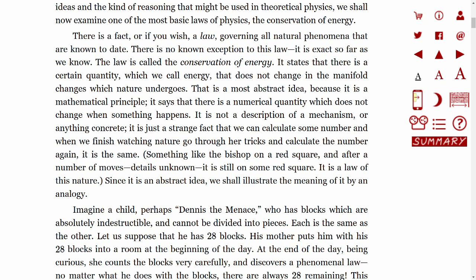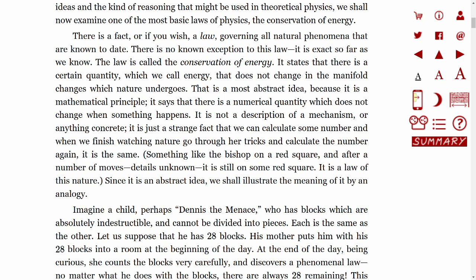That is a most abstract idea because it is a mathematical principle. It says that there is a numerical quantity which does not change when something happens. It is not a description of a mechanism or anything concrete. It is just a strange fact that we can calculate some number, and when we finish watching nature go through her tricks and calculate the number again, it is the same.